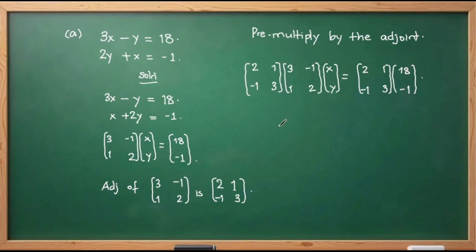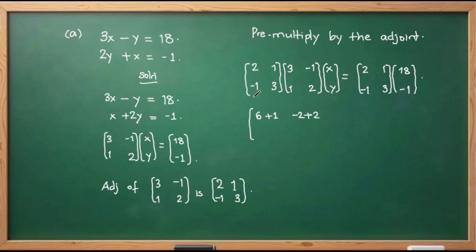So let's perform this multiplication. We multiply row by column and add the results together. In the first one, 2 times 3 is 6, then 1 times 1 is 1, and we add the results together. For the next element, 2 times negative 1 is negative 2, then 1 times 2 is positive 2.